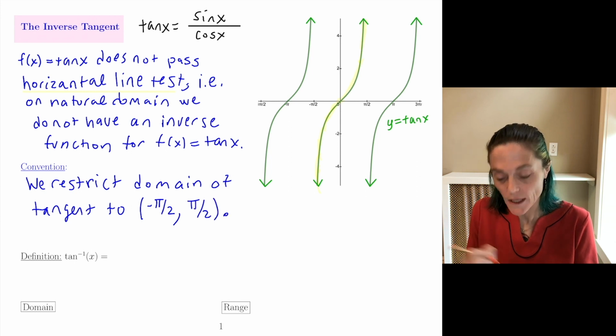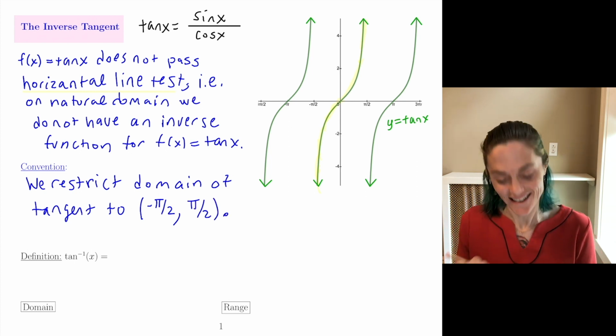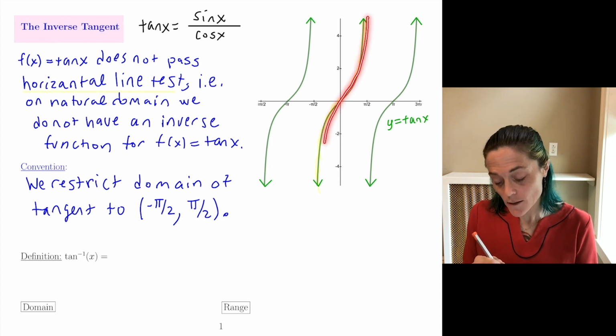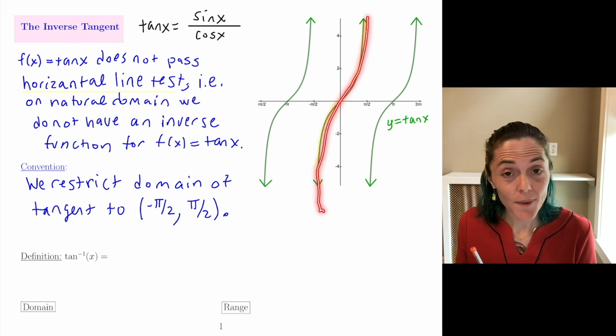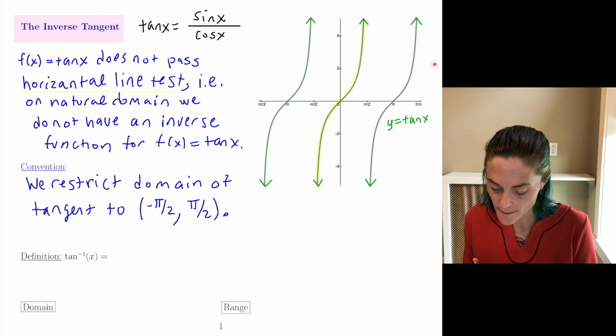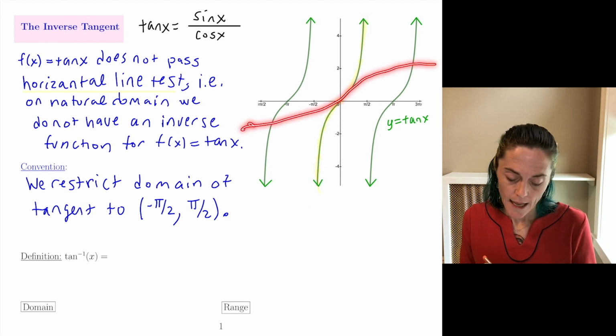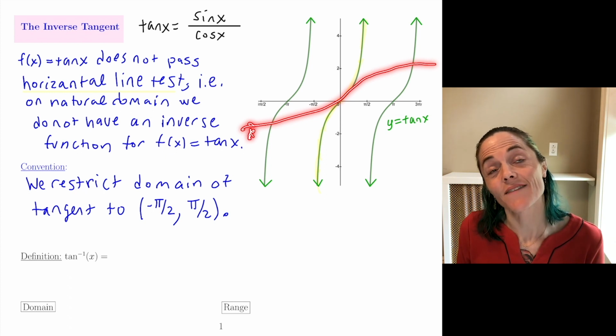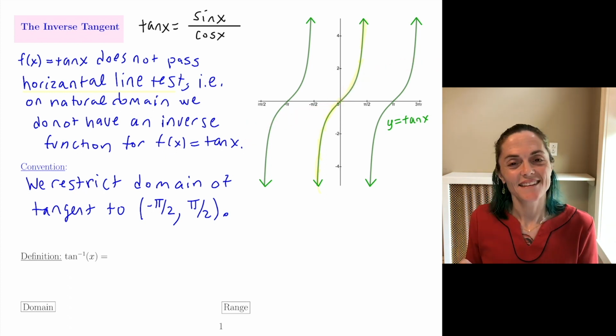Now, on this part, you see, it passes the horizontal line test. If you flip this graph along the line y equals x, it will look something like this. And this will be a function. In fact, that is the inverse tangent.